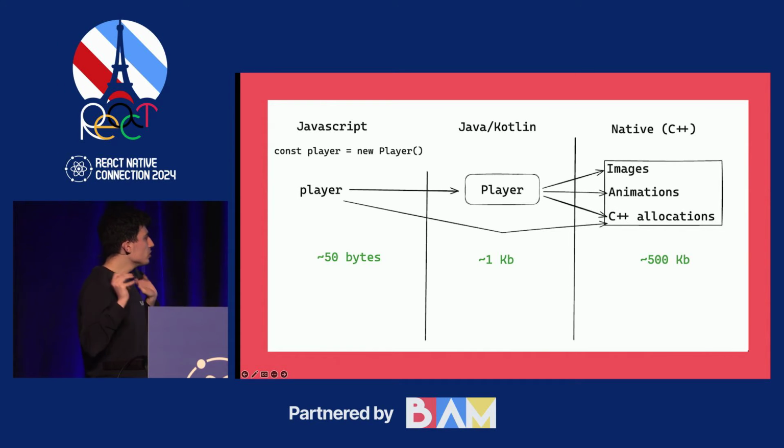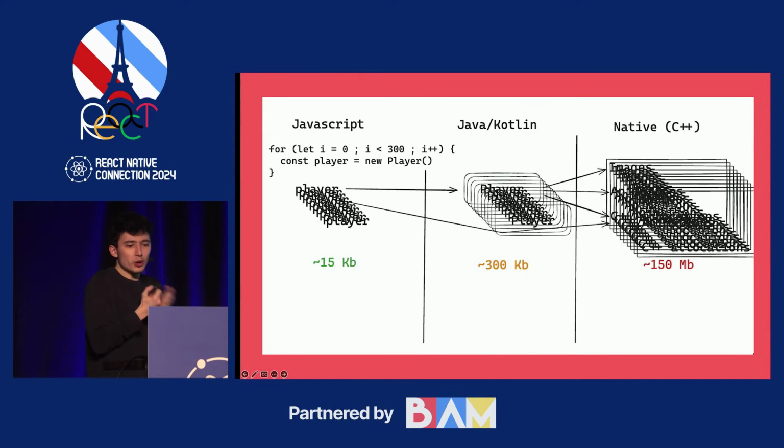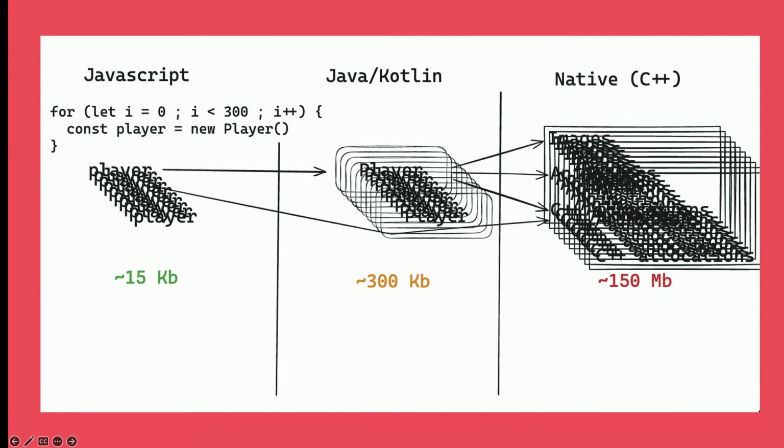So for the moment, we don't see why your app is consuming 400 megabytes of RAM. But what happens if we create 300 JavaScript players? Maybe for a player it's kind of hard to understand, but as I said before, it can be your fetch, it can be components, it can be a big state. So it can happen.